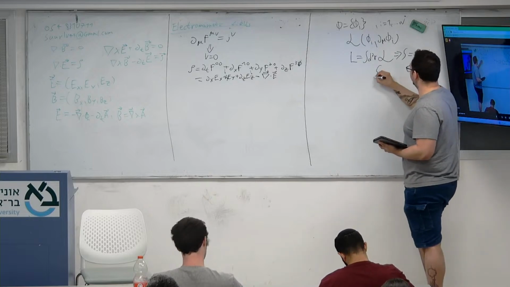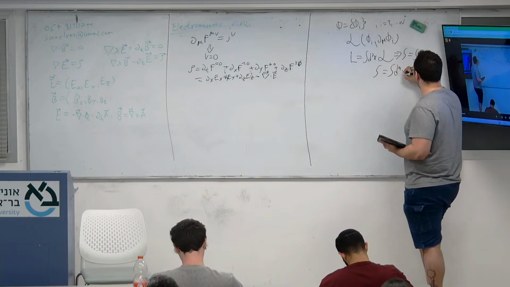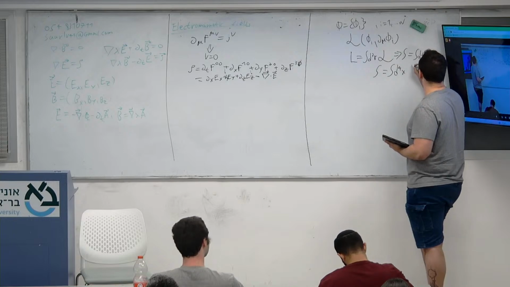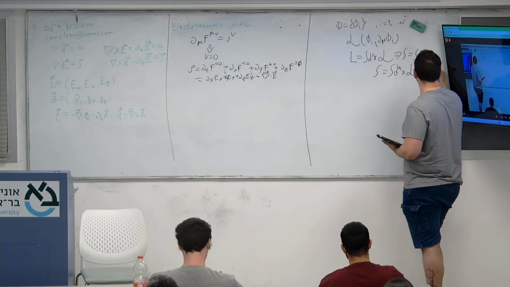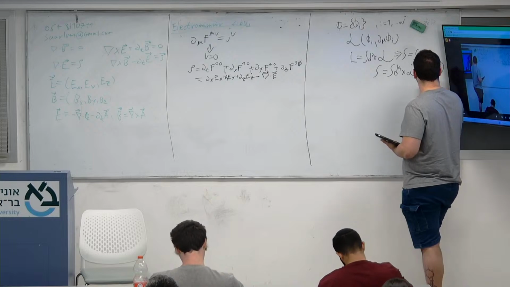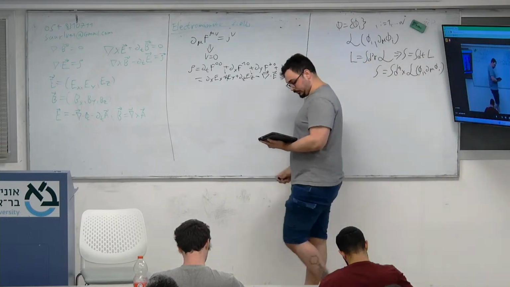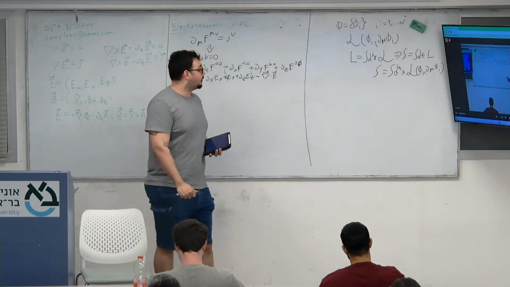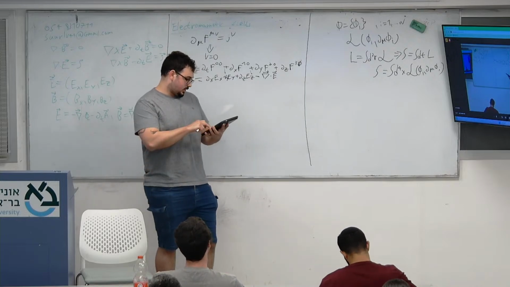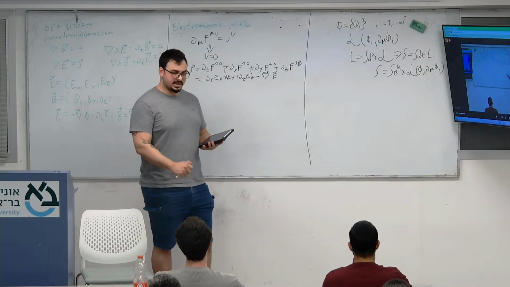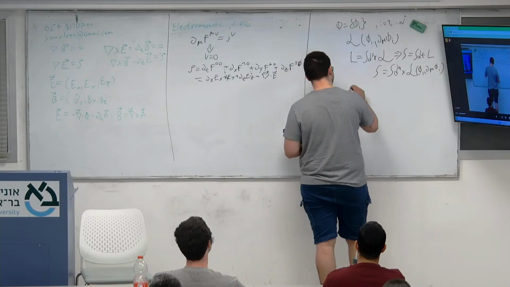Using the Lagrangian, we can find the action. Simply, the action equals the 4 integral of the Lagrangian density. Now by demanding the least action principle, we know that the solution will be the Euler-Lagrange equation.